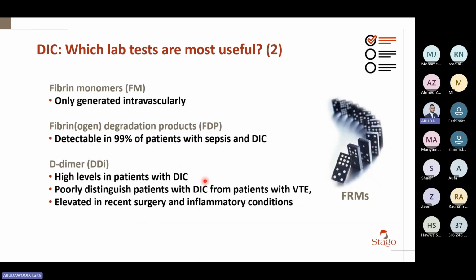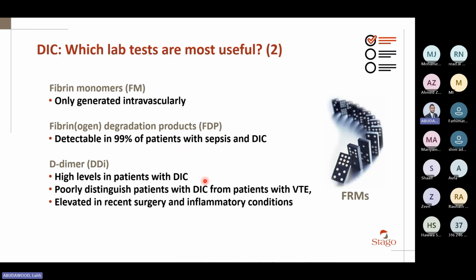So what do fibrin and fibrinogen degradation products really tell us? Fibrin monomers itself just tells us that there's a lot of fibrin, but to be quite honest with you, as of now, there is not enough clinical evidence to give it a lot of clinical value. So yes, fibrin monomers tells us there's a lot of fibrin, but how can we use that clinically?